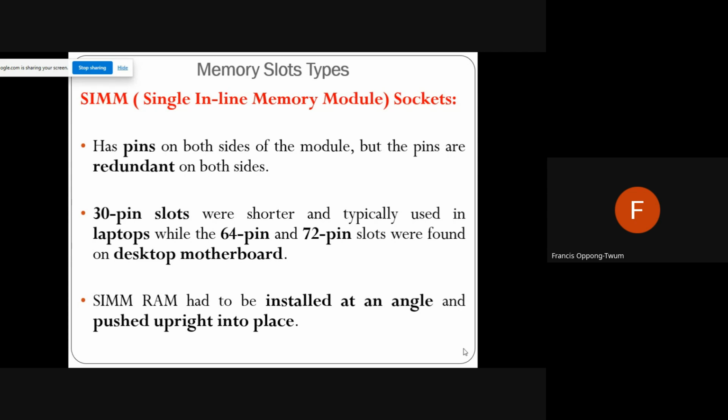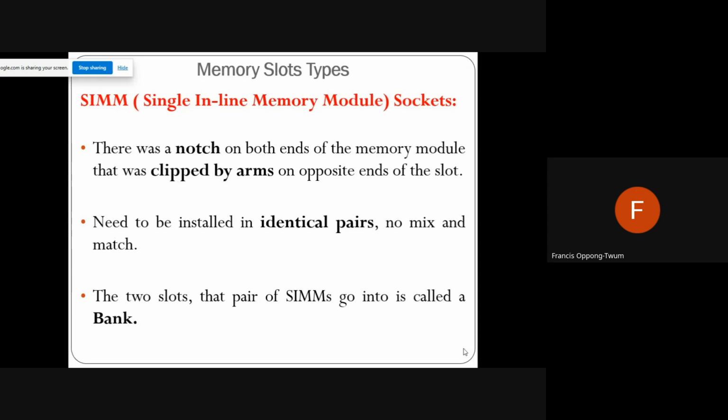The 30-pin ones were shorter and typically used in laptops, while the 64-pin and the 72-pin slots were found on desktop motherboards. The RAM had to be installed at an angle and then pushed upright into place. Anytime you want to install the memory, you install it at an angle, then push it upright into the place you want to put it.